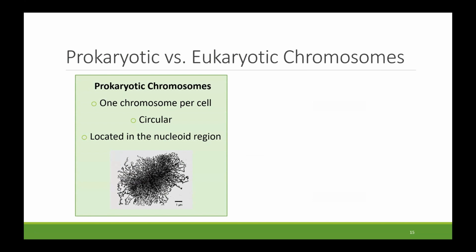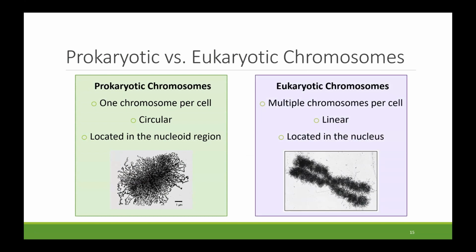And that single circular chromosome is located, and we learned this in Chapter 3, in the nucleoid region of the cell. Because remember, prokaryotic cells don't have a nucleus. They just have a region in the cytoplasm called a nucleoid where the DNA is located. So there's no barrier, there's no special compartment to house the DNA in prokaryotic cells.